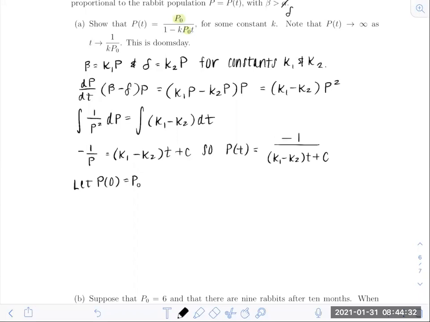And so if I plug in 0 for T, then that gives me P naught equals negative 1 over C, because that entire bottom term, K1 minus K2 times T, goes to 0. So I conclude that C is equal to negative 1 over P naught. All right, so now let's go ahead and plug that into our P of T solution.